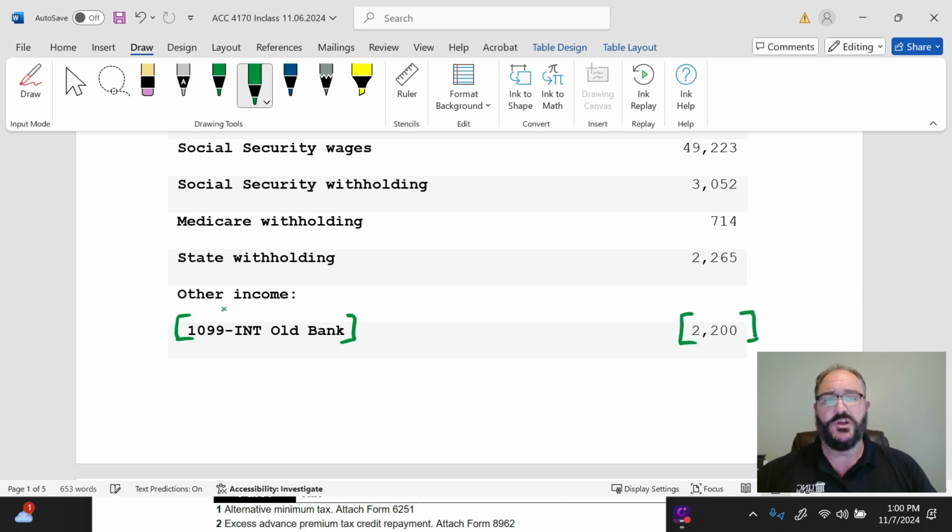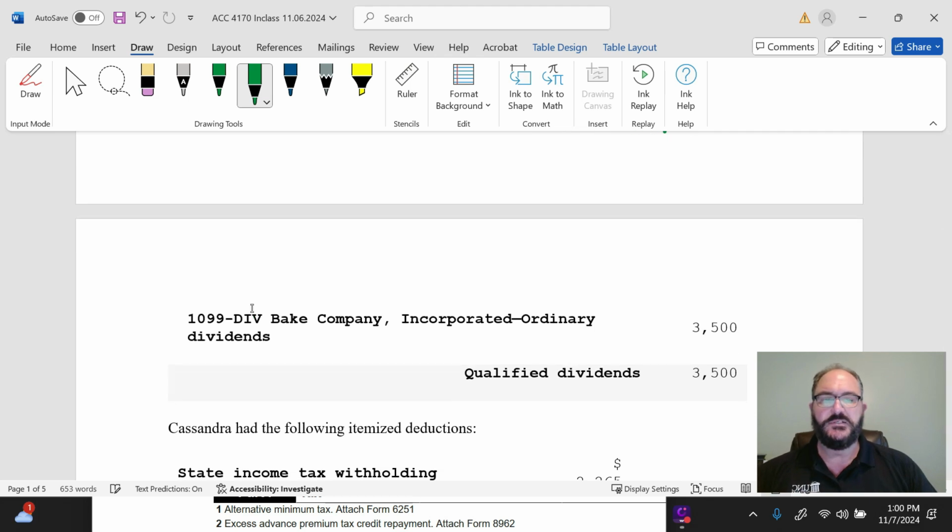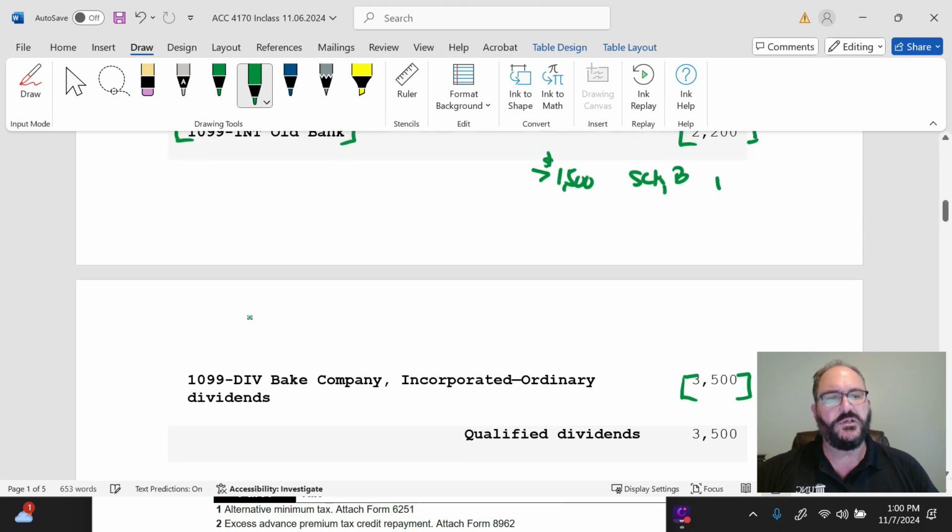Now, anytime you go over 1,500, if it's greater than 1,500, that's going to go on Schedule B, okay? And then we go along down here. She got some dividends, again. They were qualified dividends. So they're going to go on the 1040. And this is going to go on the 1040 as well, but also on Schedule B.